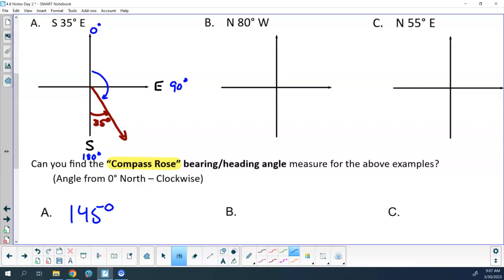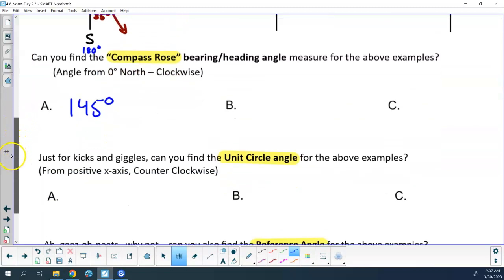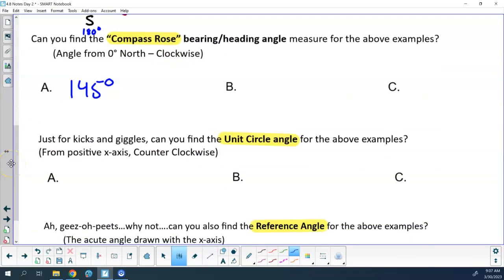Okay. That same south 35 degrees east, which could be a navigation angle of 145 degrees, could also be a unit circle angle of how much?